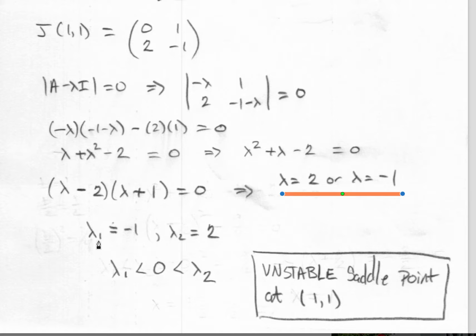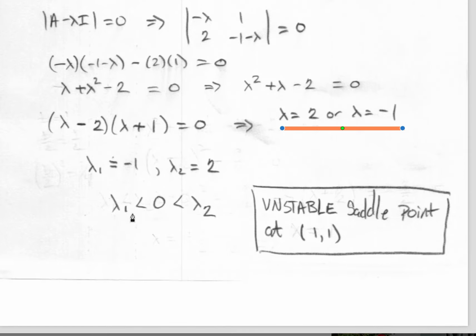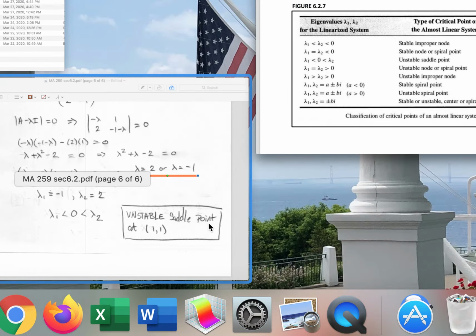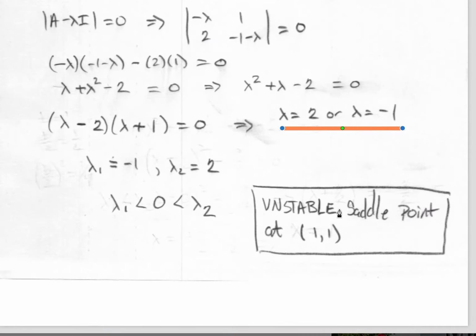So lambda 1 is equal to -1, and lambda 2 is equal to 2. And so I have the situation where one is negative and one is positive. I look at my chart, and that's called an unstable saddle point. So unstable saddle point.